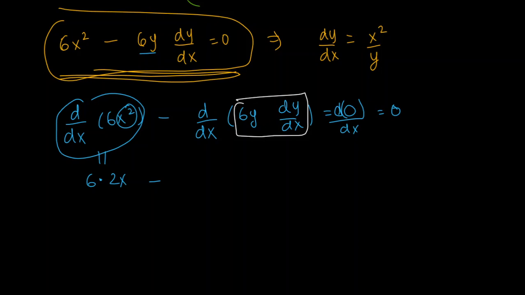And what we do right now is we say, okay, let's apply the product rule. So we have a 6 here, so let's just write that out. So we have 6 times d over dx of y times dy over dx.